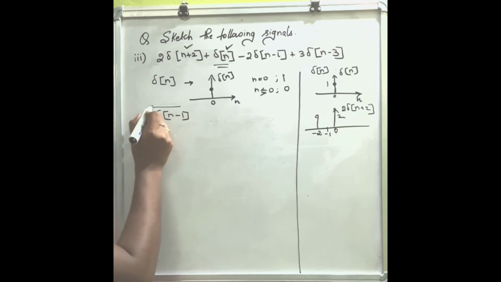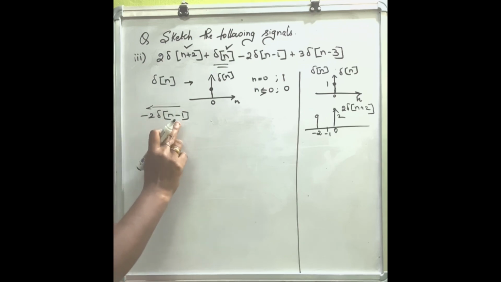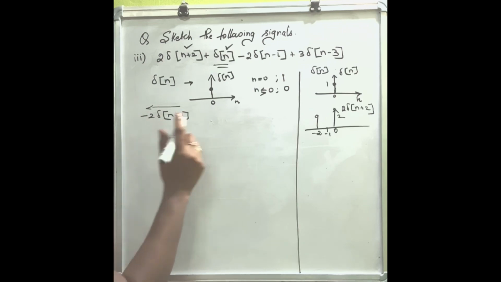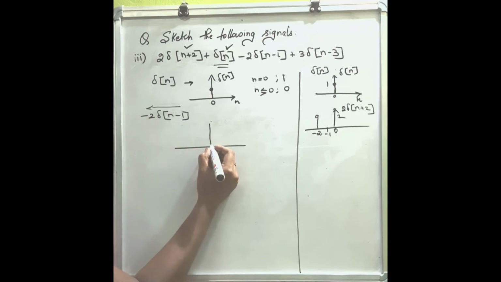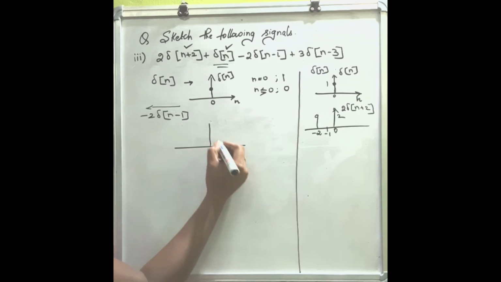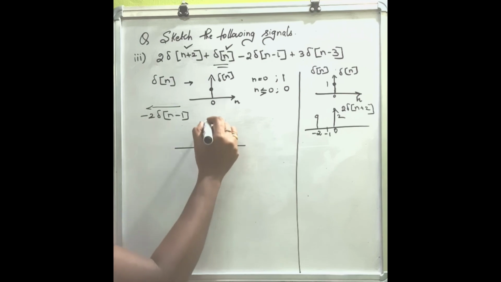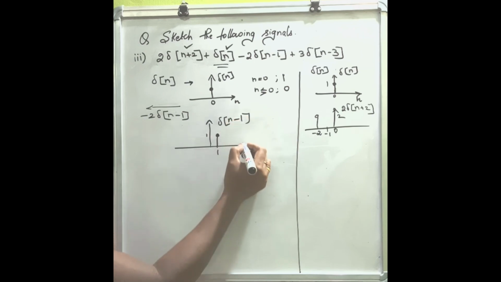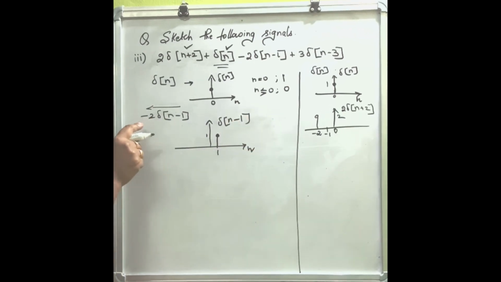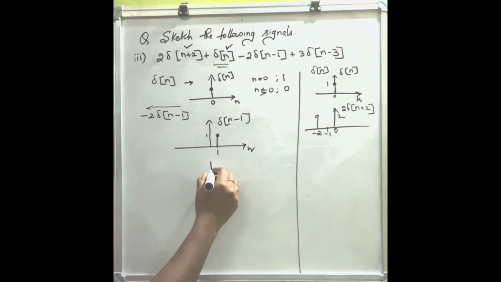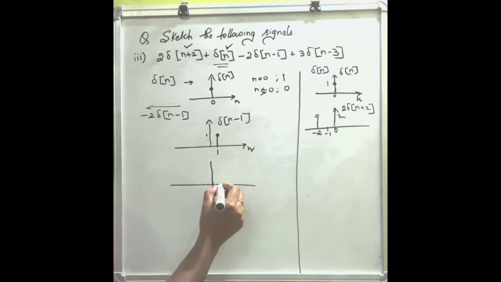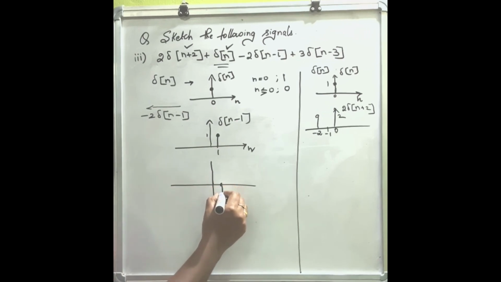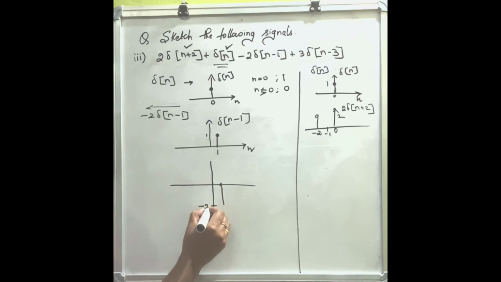Again, moving from the last, here they have asked you to do a delay shift by 1. Instead of starting from 0, you're going to start from 1, but the amplitude is going to be 1. This is del of n minus 1. Next, amplitude scaling is done, but in the reverse direction because of the minus 2.